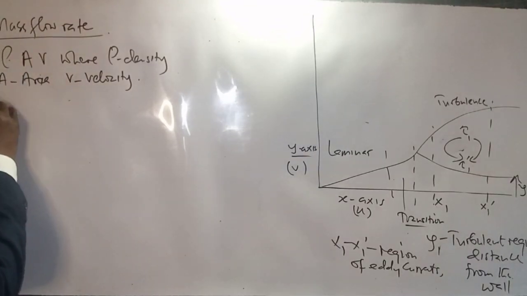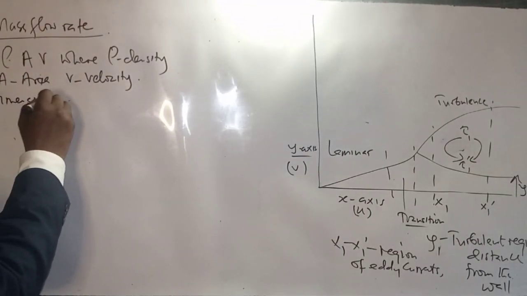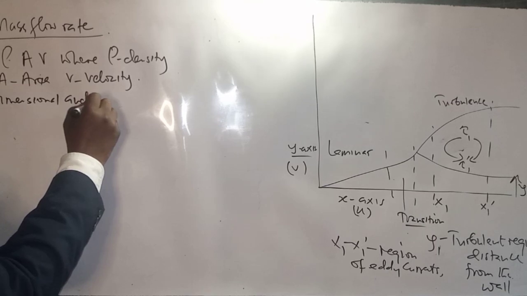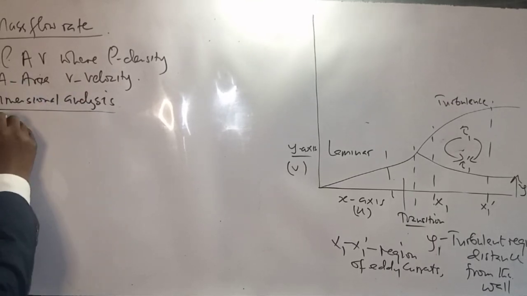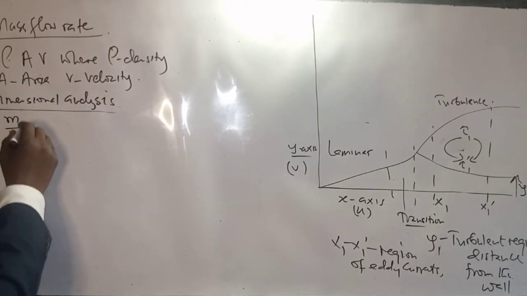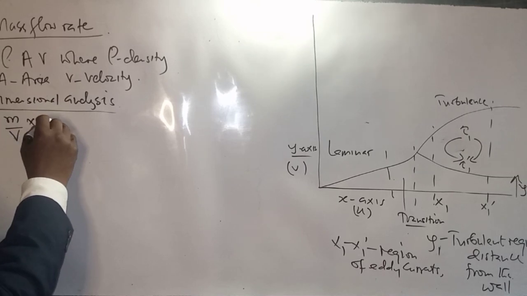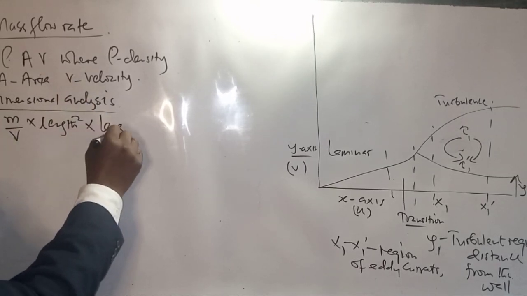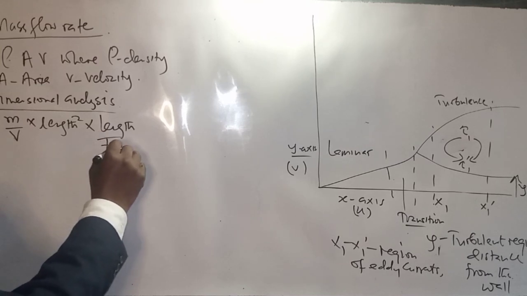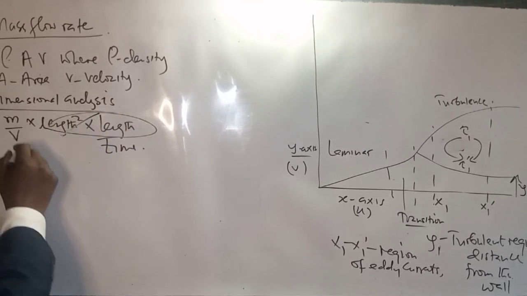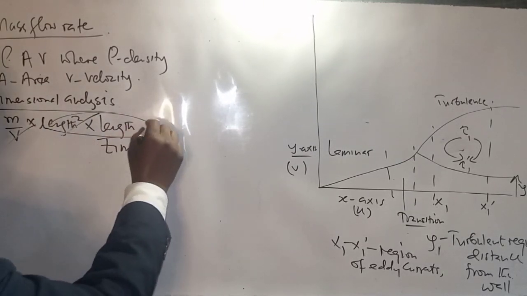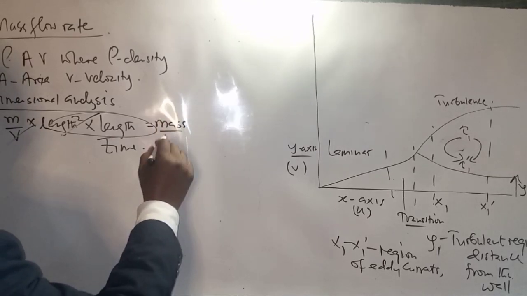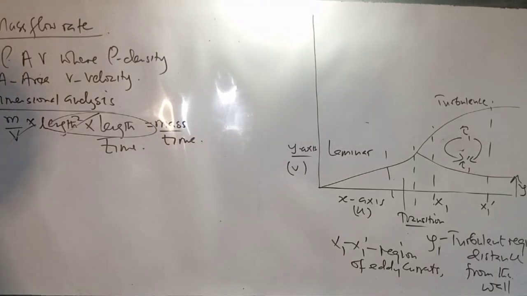If you do dimensional analysis, just to convince yourself that this is mass flow rate, density is mass over volume, area is length squared, velocity is length over time. So length cubed cancels, and we have mass over time. And that is flow rate.